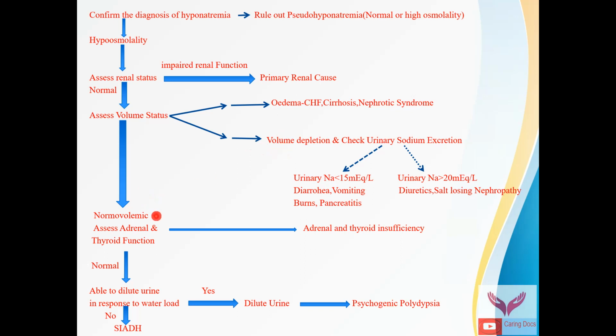If the patient is normovolemic, assess his adrenal function, thyroid function. The patient may have adrenal and thyroid insufficiency, and if these two things are ruled out, and there is no adrenal insufficiency or thyroid function is normal, then we check whether the patient is able to dilute urine in response to water load. We do the water load test. If he is able to dilute the urine, then it is a psychogenic polydipsia. And if there is no dilution of the urine in response to water load, then this patient is a case of syndrome of inappropriate ADH secretion.